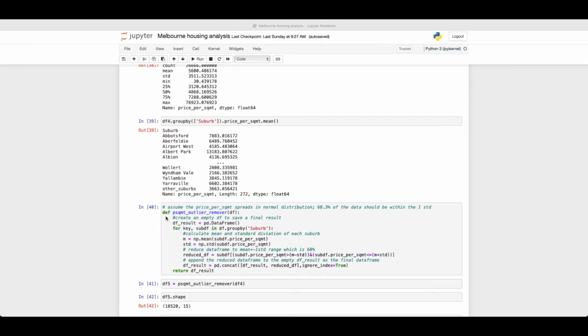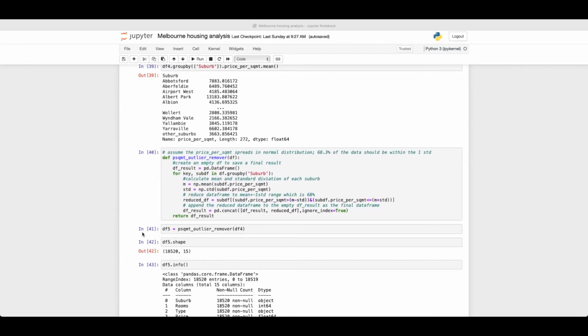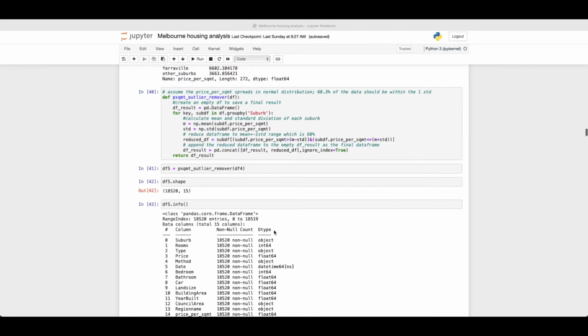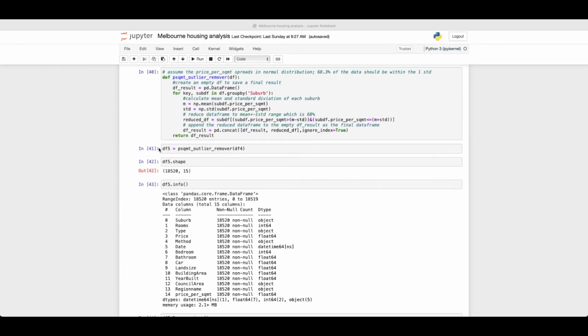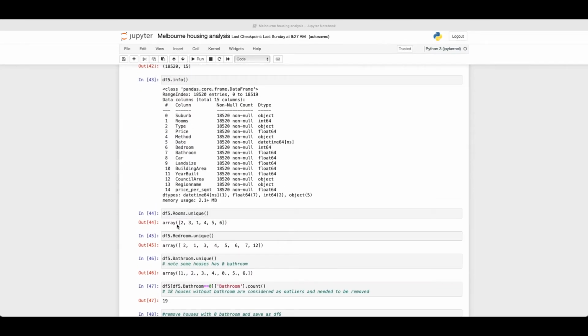So I made a function called the price per square meter outlier remover, to remove all those outliers, and I save them as data frame 5, and this is the result.